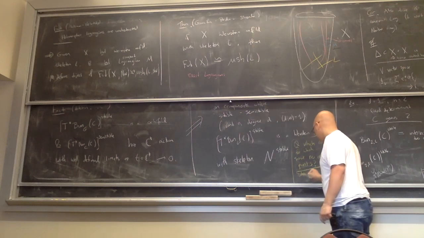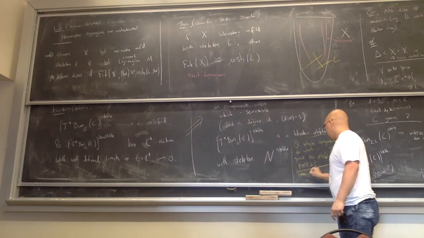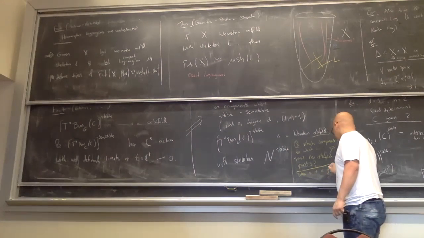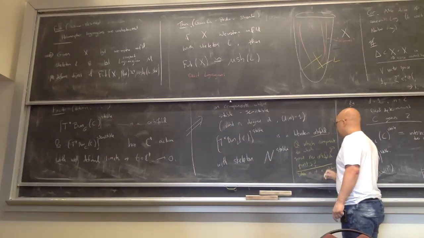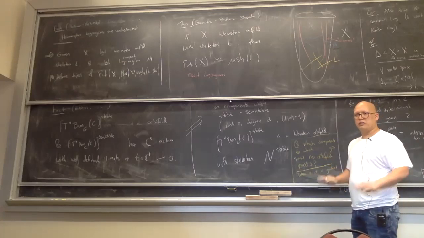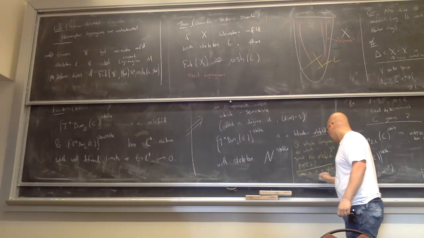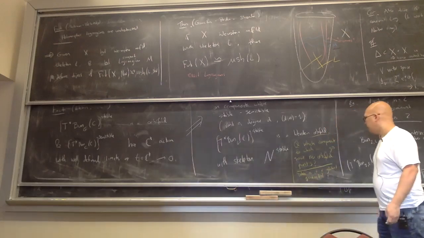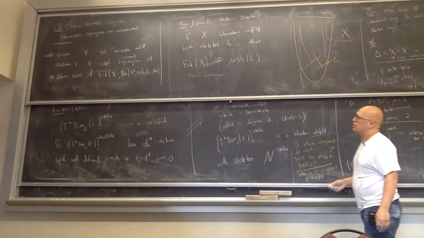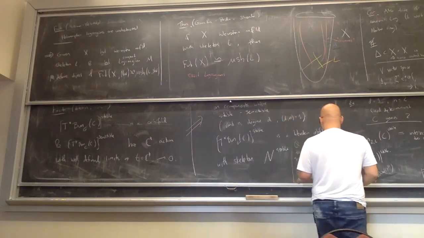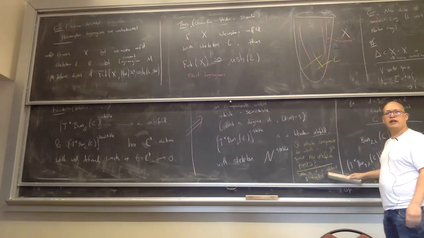Another related question is, when is this orbifold a global quotient? What? No, that's not an orbifold. But for GLN, there's no orbifold. When is it a global quotient? I think this theorem is basically fine for global quotients by finite groups.